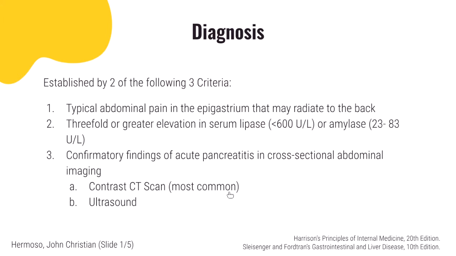When you read your Schlesinger, it says that there's no advantage of getting both markers. Aside from lipase being more specific, it also has something to do with the half-life of the enzymes.